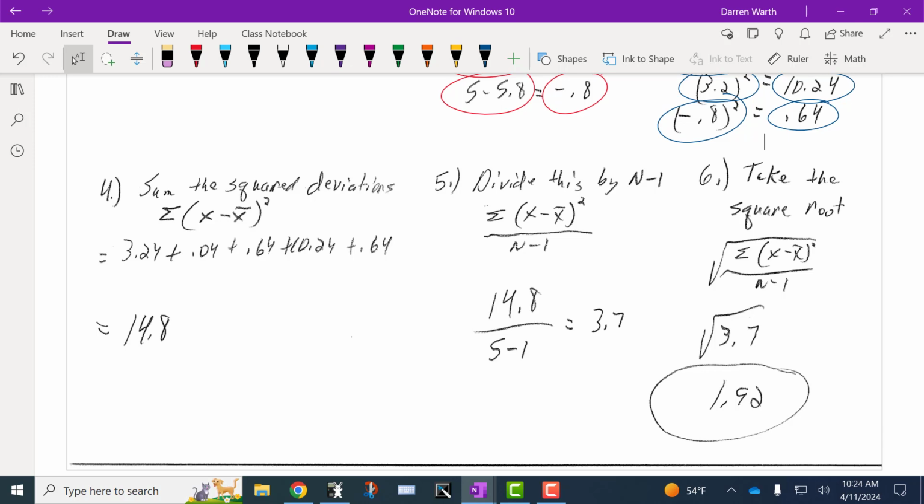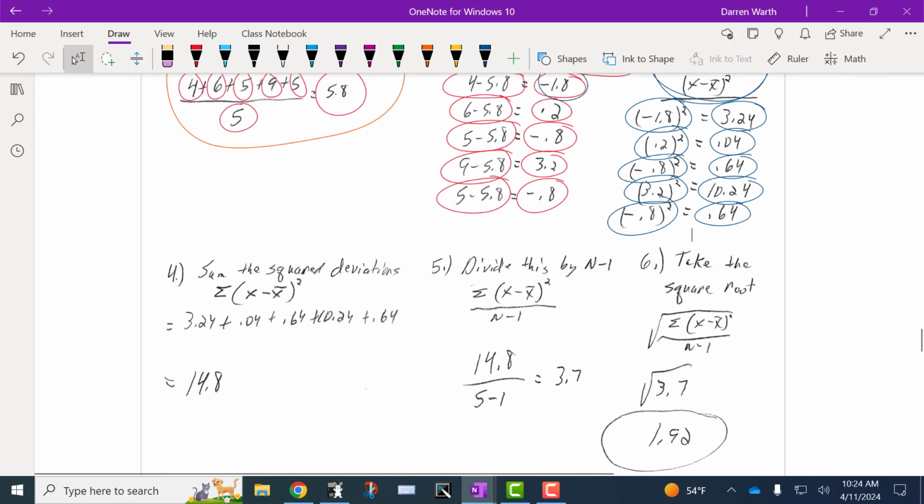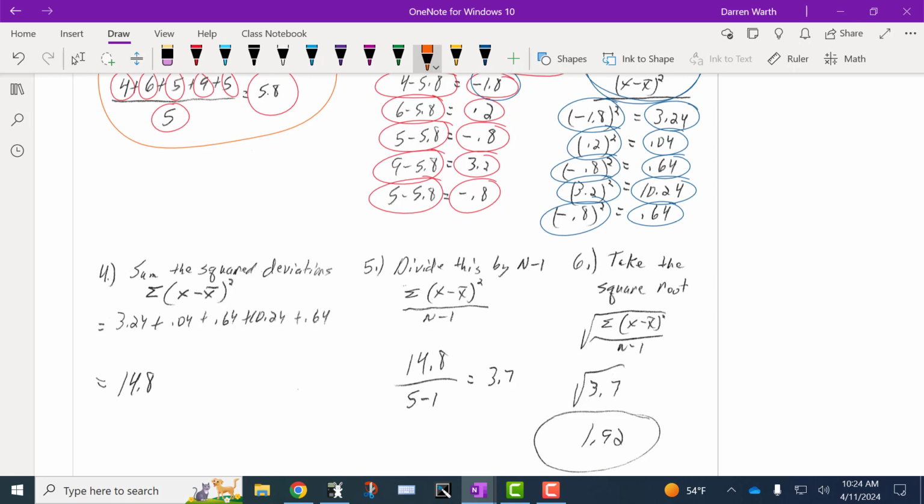Step number 4 on your formula sheet says sum the squared deviations. So I take all these numbers and add them all together, and I get a total of 14.8.